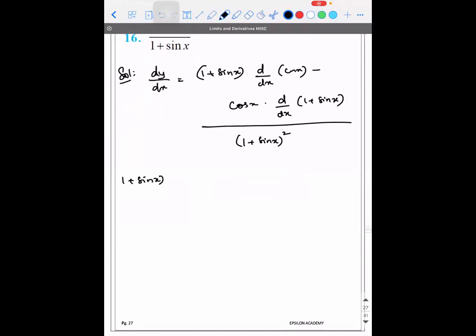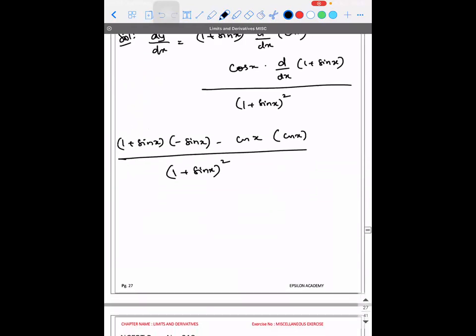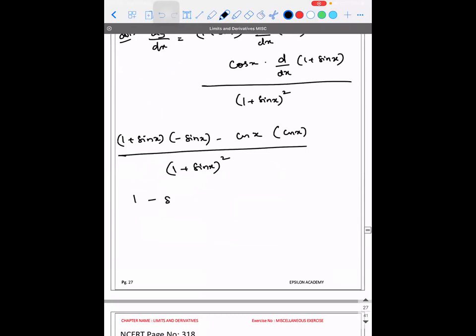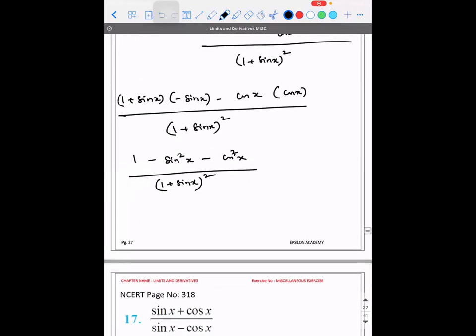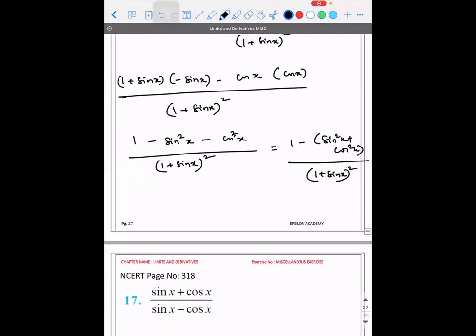So (1 plus sin x) into derivative of cos x is minus sin x, minus cos x into derivative of (1 plus sin x) is cos x, because derivative of 1 is 0, derivative of sin x is cos x, by (1 plus sin x) the whole square. So you will get 1 minus sin square x minus cos square x by (1 plus sin x) the whole square. So this will be 1 minus of (sin square x plus cos square x) divided by (1 plus sin x) the whole square. So what is sin square x plus cos square x?